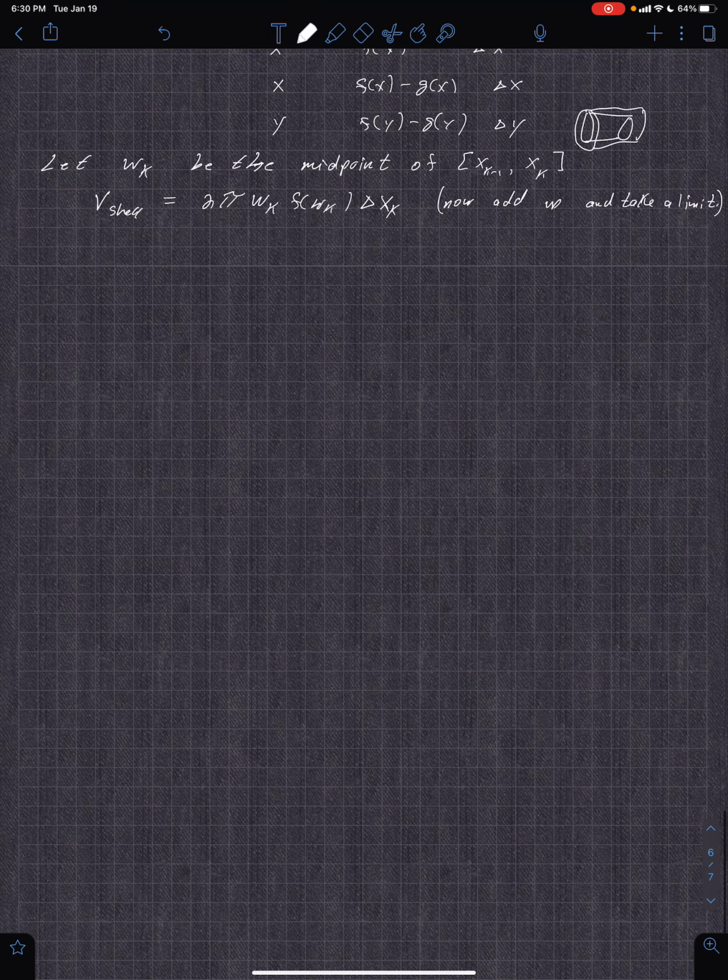I'm not going to define a partition and all that, but the volume of the solid, the whole thing, is approximately the sum, because I'm not doing a limit yet, over all the k's of 2 pi W sub k, f of W sub k, delta x sub k.